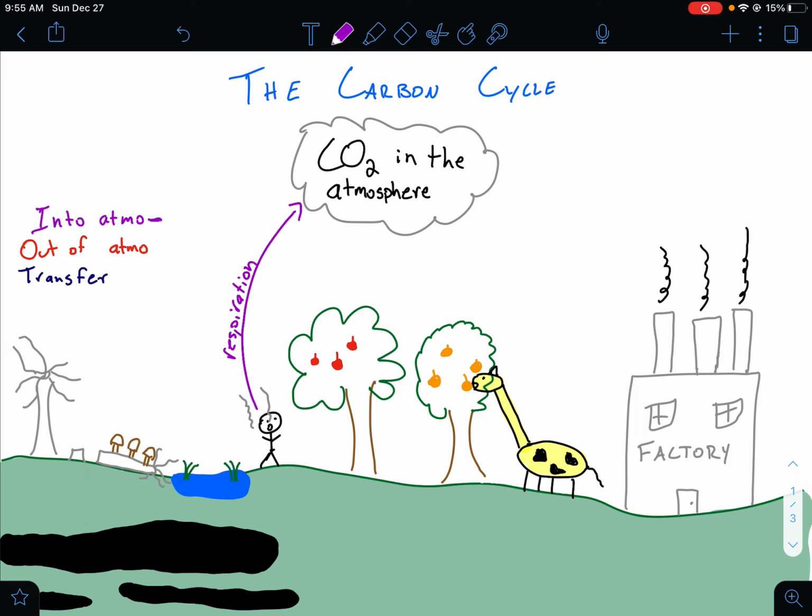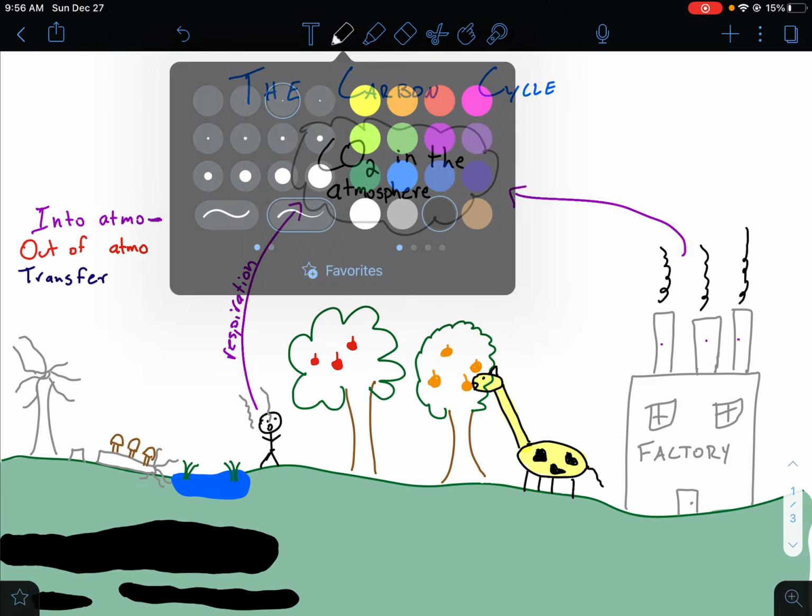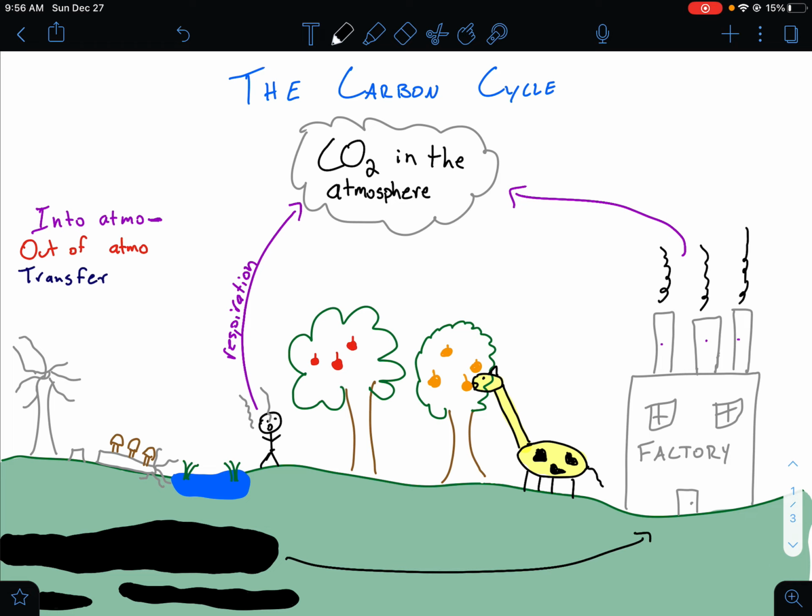Okay, so moving along with our into the atmosphere processes, we're going to come over to our factory over here, and you can see it's got these three smokestacks right here. And that is sending carbon dioxide into the atmosphere. The processes that are happening in here is they're actually burning fossil fuels. So they are burning some of these fossil fuels from down here, going into the factory.